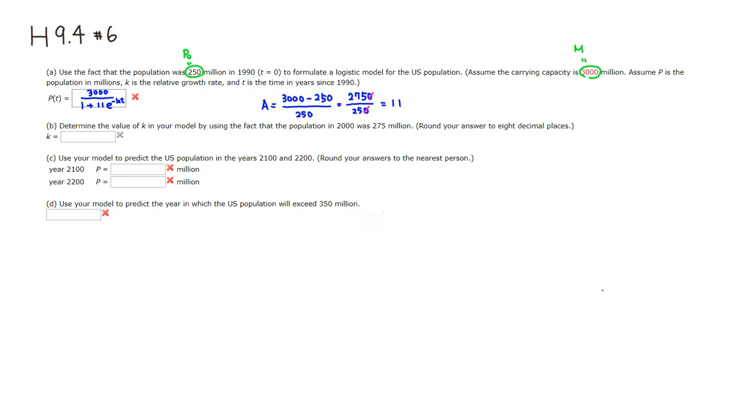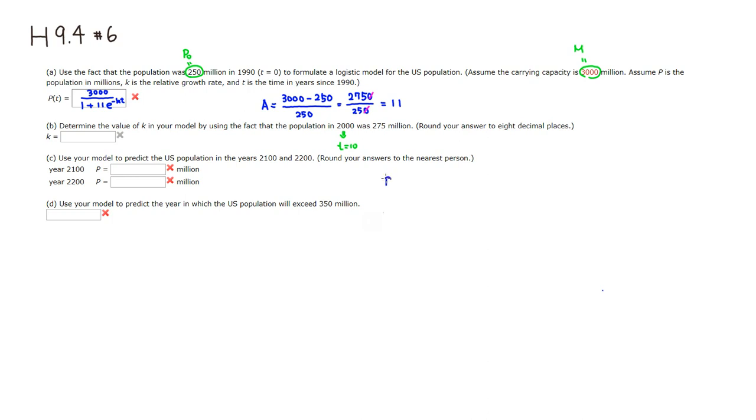Assuming that in 2000, the population became 275 million. At 2000, we know that's t equals 10, because we're starting at 1990. So let's compute that.